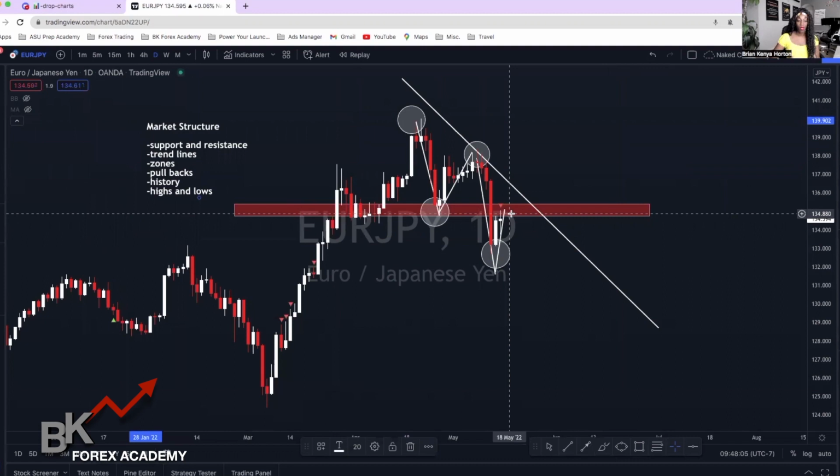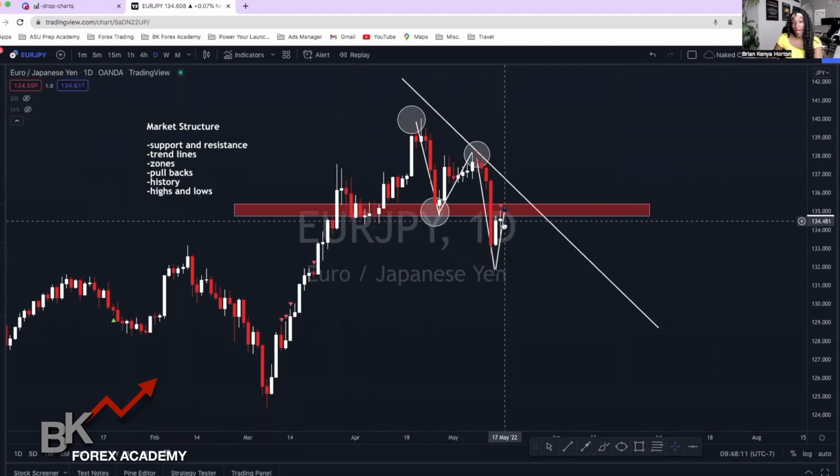So for example, if you were scalping and this is an area of interest for you, this area that I have highlighted, this red horizontal zone, would be an area of resistance that you would be interested in shorting from.